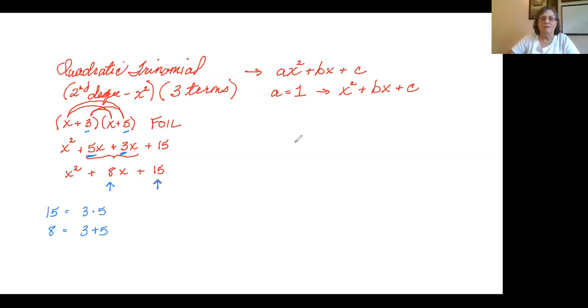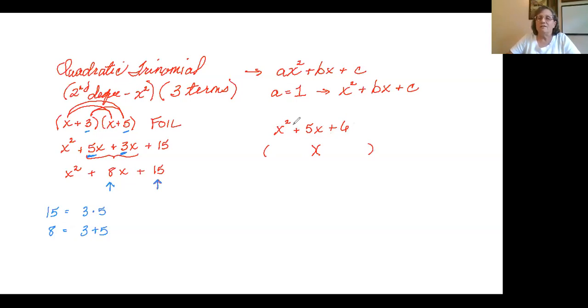So let's look at an example. What if we look at x squared plus 5x plus 6? As long as it's just a plain x squared, and if you've got a number in front of the x squared, this turns into a whole different ball game.